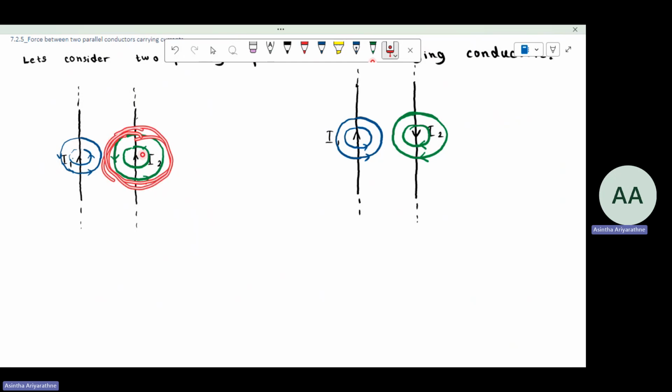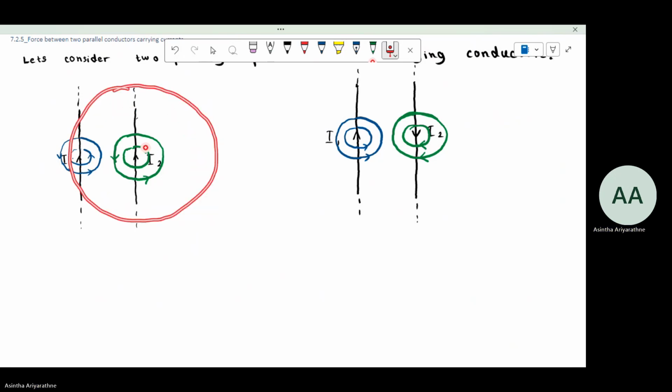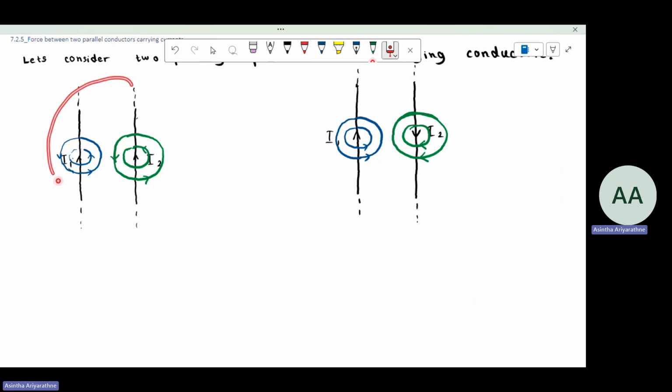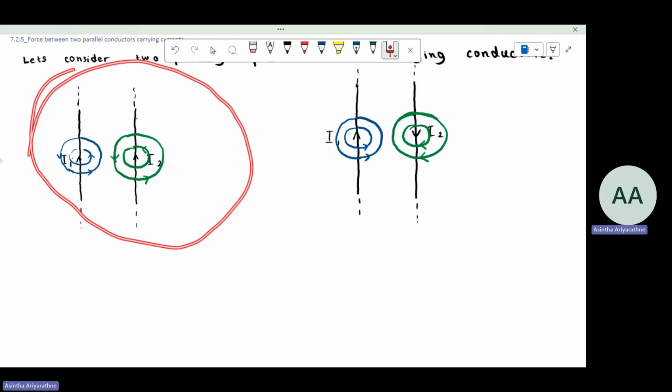This doesn't mean there are only two magnetic field lines. To have a clear picture, I have not drawn all of them. So around this second wire, there would be a magnetic field like this, infinitely distributed.